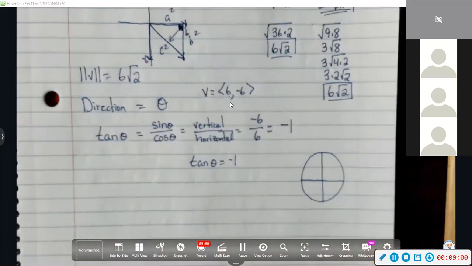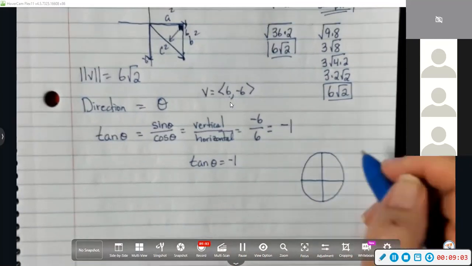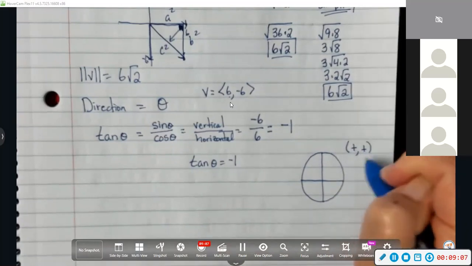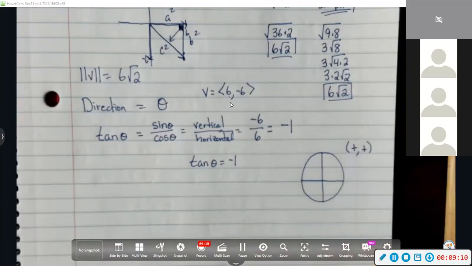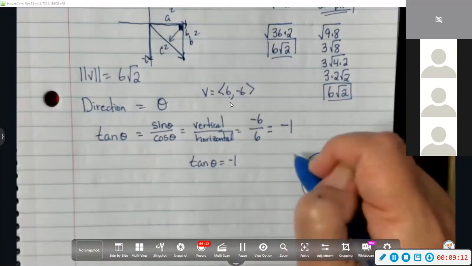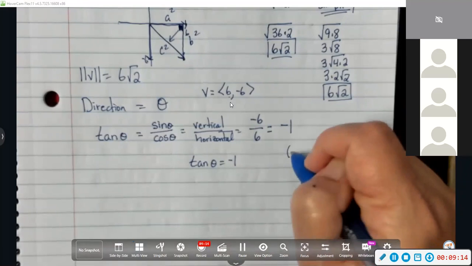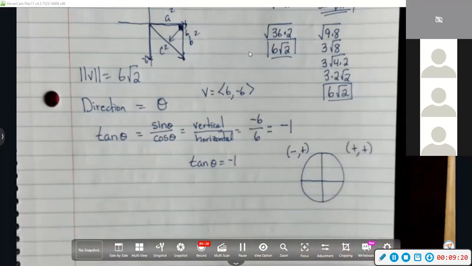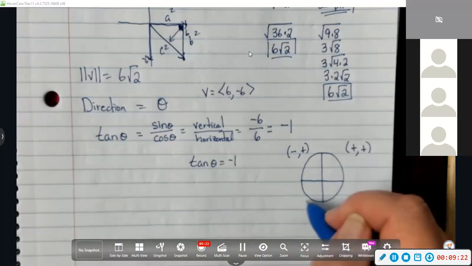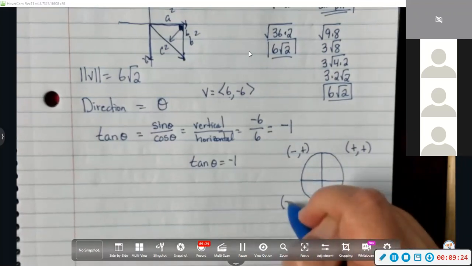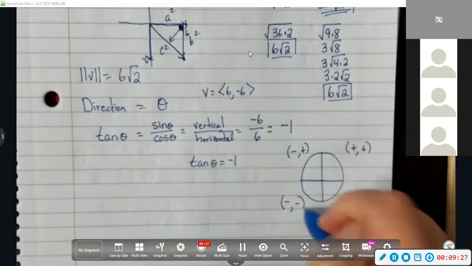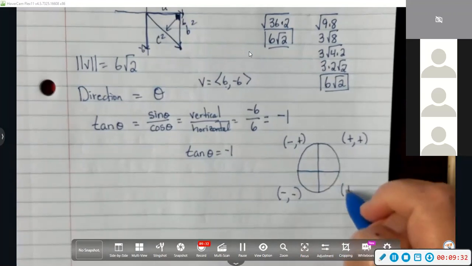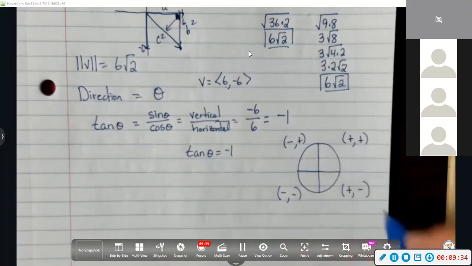So when we're thinking about the unit circle and about tangent, remember your signs of your ordered pairs in a unit circle. In the first quadrant, x and y, cosine and sine are both positive. In the second quadrant, the cosine is negative and the sine is positive. In the third quadrant, the cosine is negative and the sine is also negative. And in the fourth quadrant, the cosine is positive and the sine is negative.